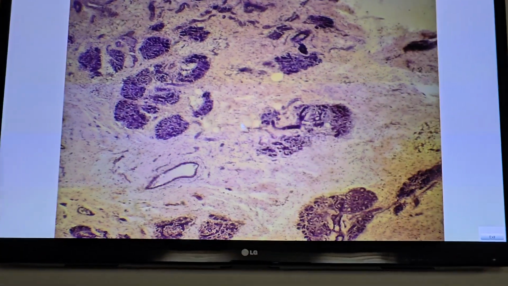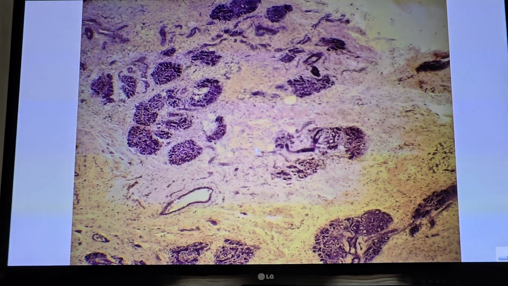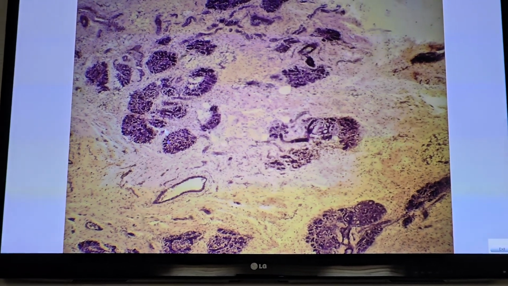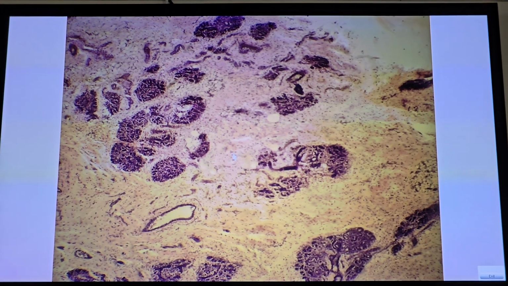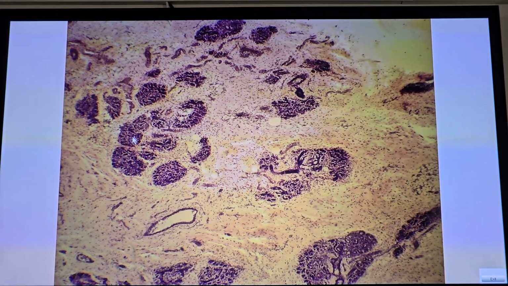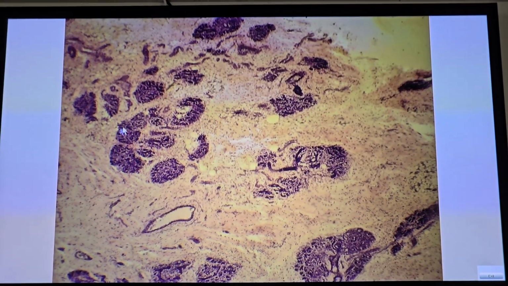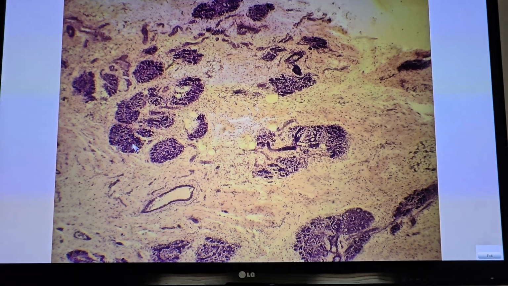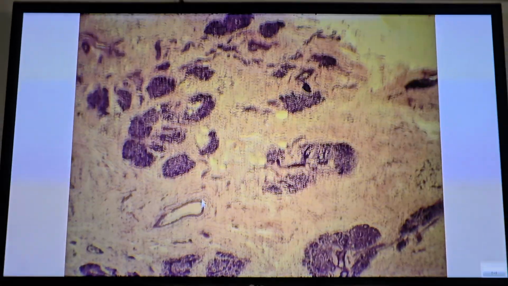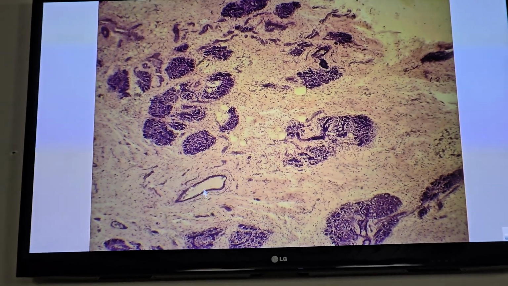Each mammary gland has from 15 to 25 loops. Each loop has compound tubulo-alveolar secretory units with lactiferous ducts and terminal ducts.